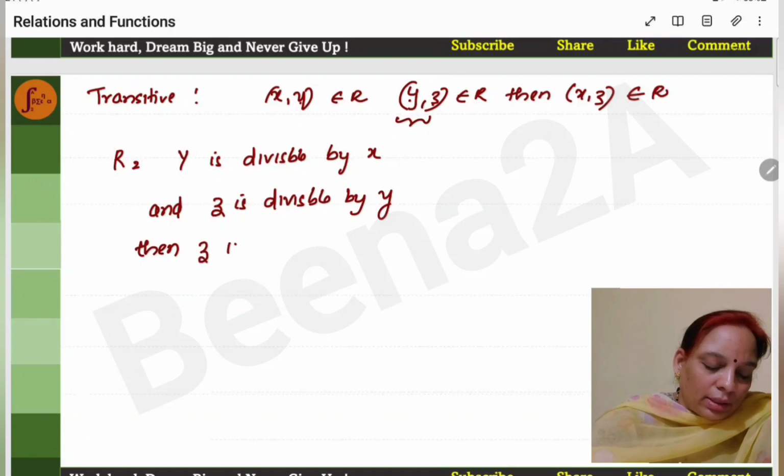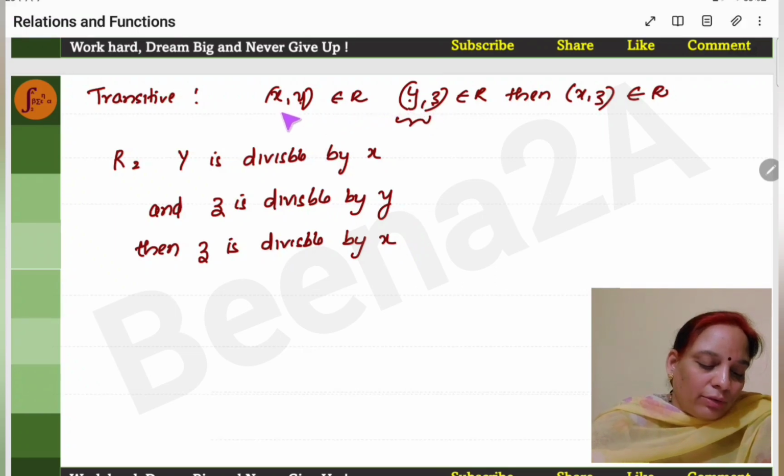Then z is divisible by x. So here, in this case, first one, y is divisible by x. Second one, z is divisible by y. Therefore, z is divisible by x. Now, let's take an example.